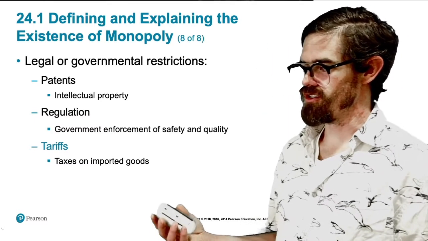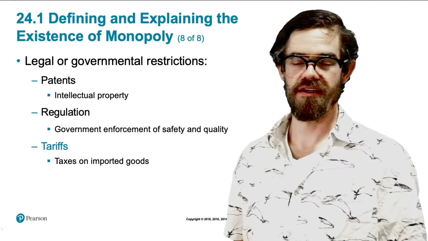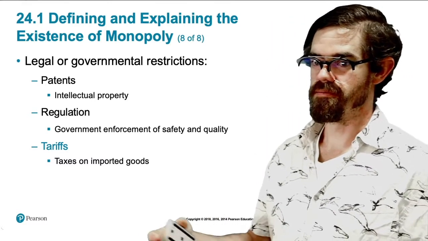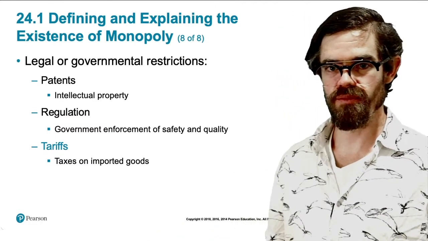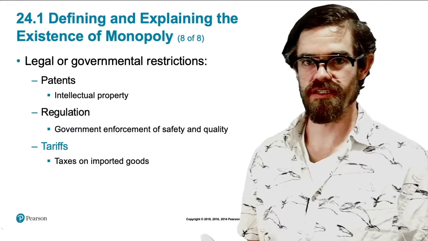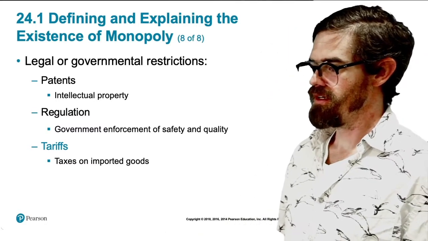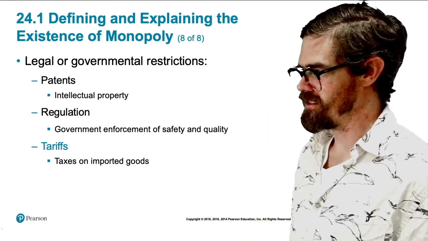We can also have just government regulation. So the government might say, in order to build a house, you have to get it inspected at certain points by a home inspector. That doesn't really involve a license, but it's a type of regulation that sort of prevents just any old Joe Schmo from building a house and trying to sell it to somebody.